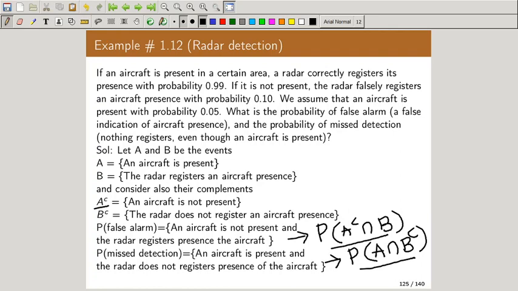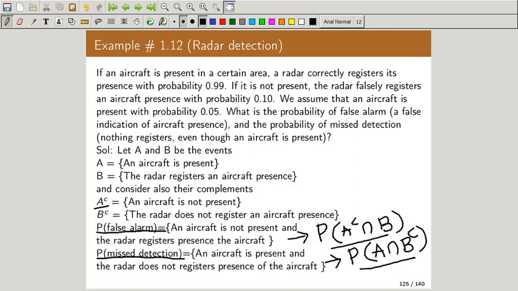So these two things we need to find out: the probability of false alarm and the probability of misdetection. Which property will you use? You can call it conditional probability, or the multiplication rule.